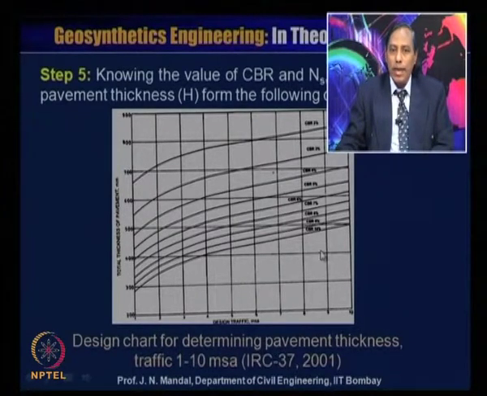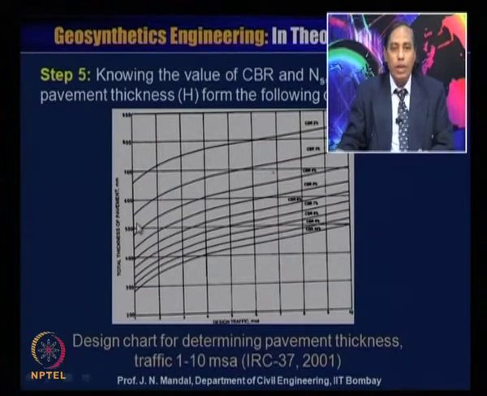So this design chart is only for 1 to 10 MSA, and this is the defined value of CBR, California Bearing Ratio, which may be 2%, 5%, 7%, 8%, 10%. Knowing the traffic, which may lie between 1 to 10 MSA, and the CBR value, you can calculate the thickness of the pavement.